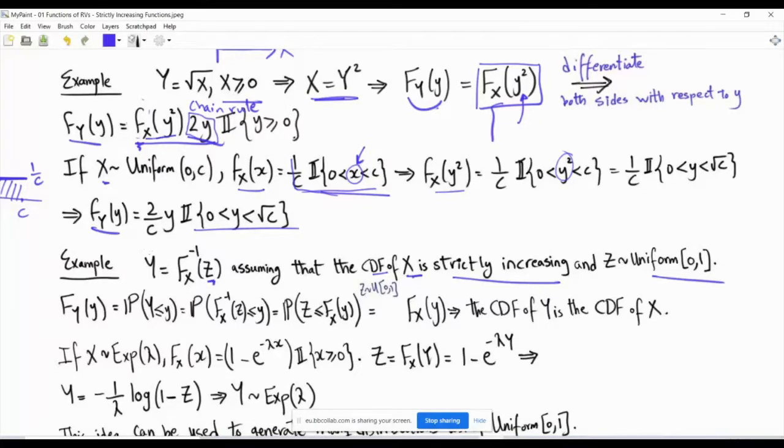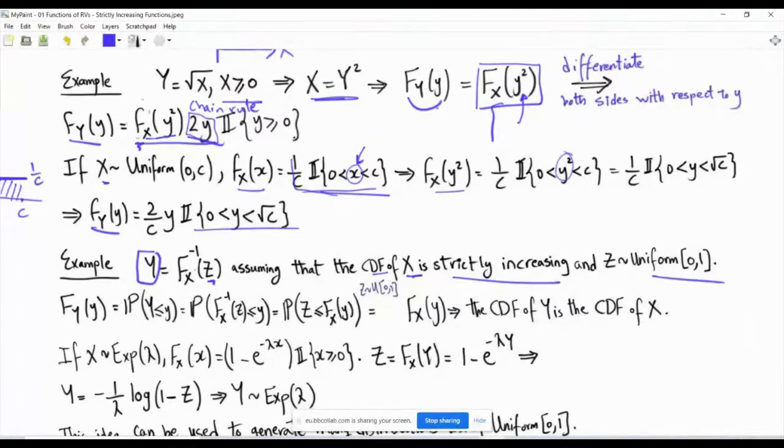Okay, so now our new random variable Y is as follows. You have a random variable X with a strictly increasing CDF. You obtain the inverse, as we will see in an example, and then you apply the inverse to a uniform 0, 1 random variable.